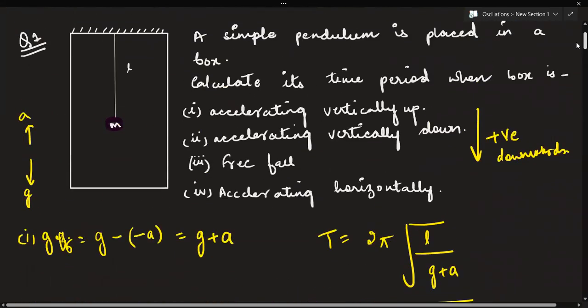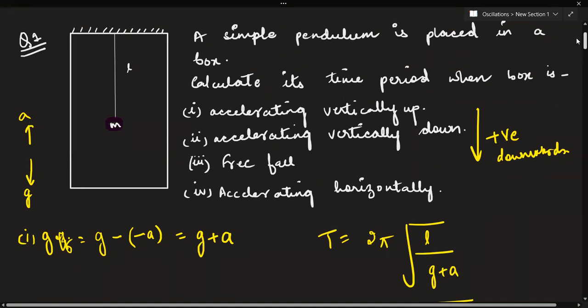See, when it is accelerating vertically upwards, the acceleration will be towards the positive y-axis, and the acceleration due to gravity will be acting downwards. If you use sign convention, one you have to take positive and the other negative. So this gets added up, giving g effective.